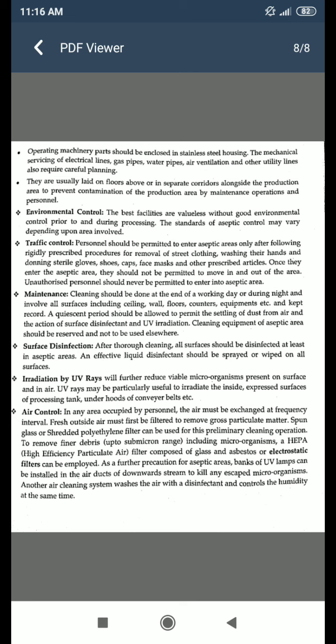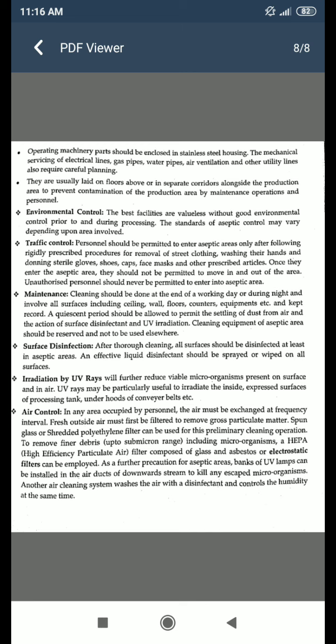Then air control. In any area occupied by personnel, the air must be exchanged at frequent intervals. Fresh outside air must first be filtered to remove gross particulate matter. Then spun glass or shredded polyethylene filter can be used for this preliminary cleaning operation, that is high efficiency particulate air.